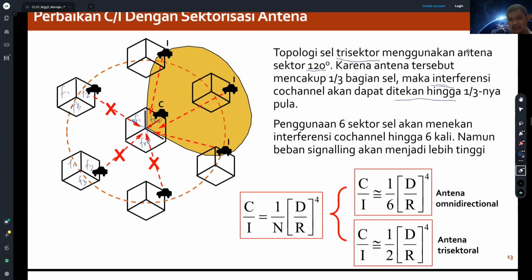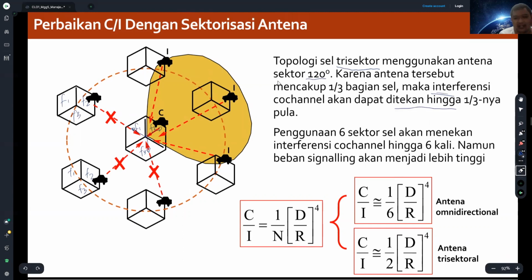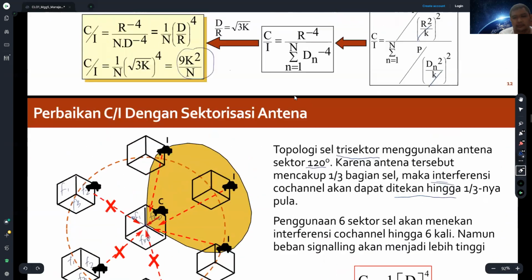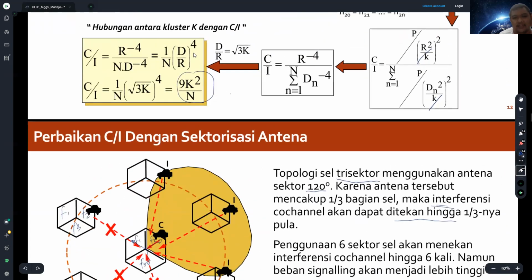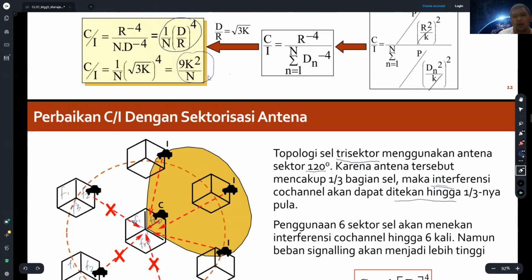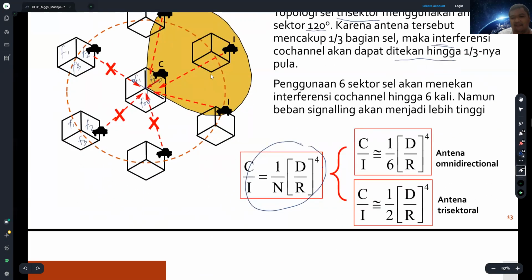Which means that the carrier to interference equals 1 per n divided by 1 per n times d per r power 4, while n is the value of the interfering tower, let's say interference tower.